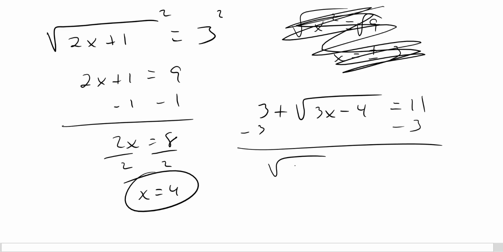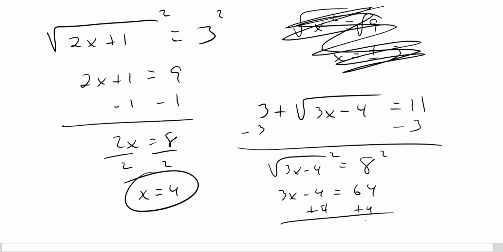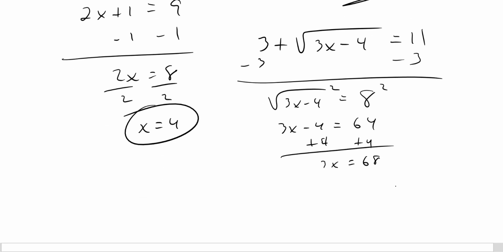So I get the square root of 3x minus 4 equals 8. And I'm going to square both sides. So if I square both sides, I get 3x minus 4 equals 64. And then I solve. So I add 4 to both sides. So 3x equals 68, and then divide by 3.